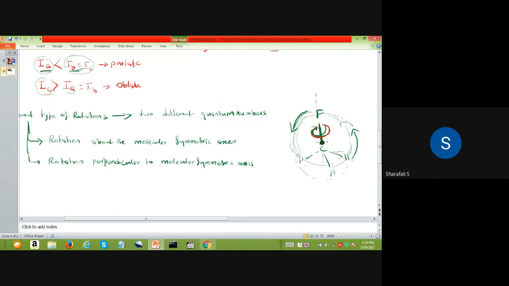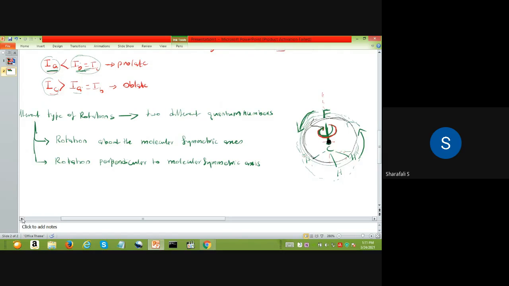Then with respect to that center of mass, the entire molecule will be rotating like this. So the fluorine and hydrogen, all those atoms will be rotating about that center of mass. So that is possible.